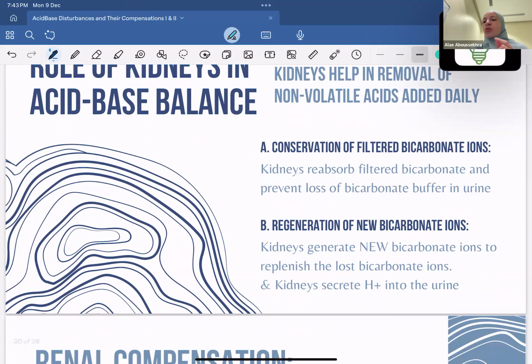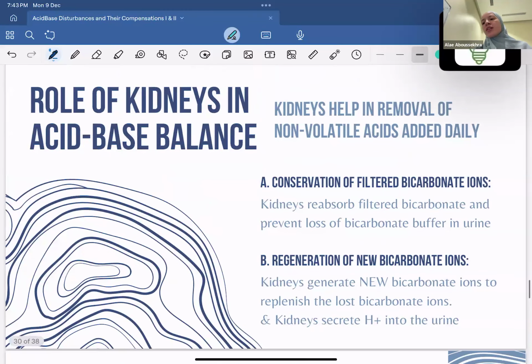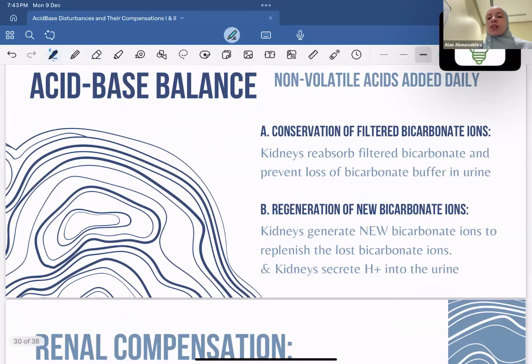The kidneys also regenerate new bicarbonate ions, again to replenish the lost bicarbonate. And they also secrete hydrogen into the urine. So if, for example, we have acidosis, kidneys will secrete the hydrogen to bring back the balance and neutrality. Okay.